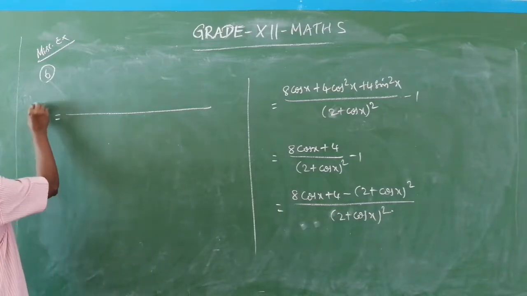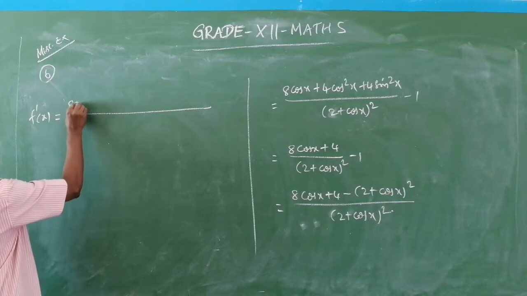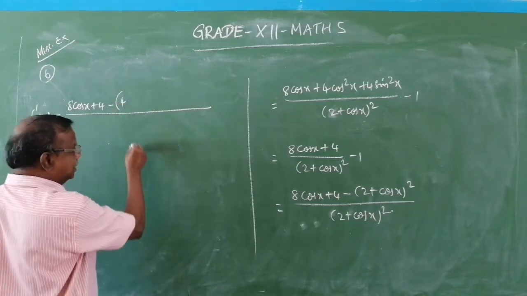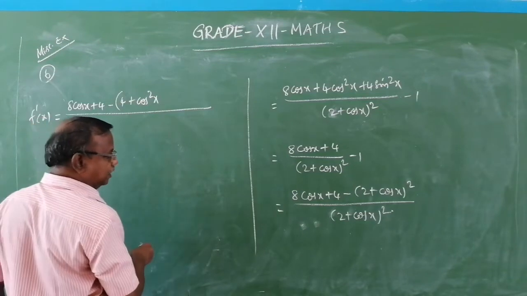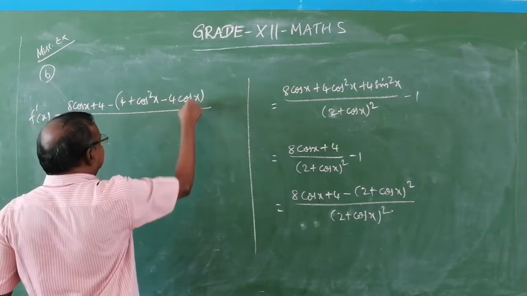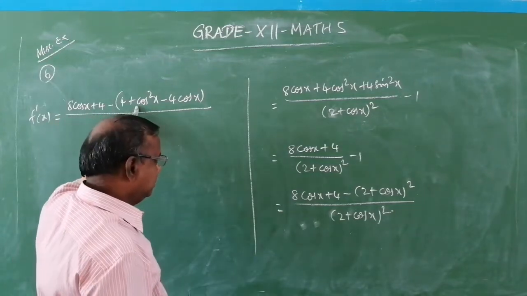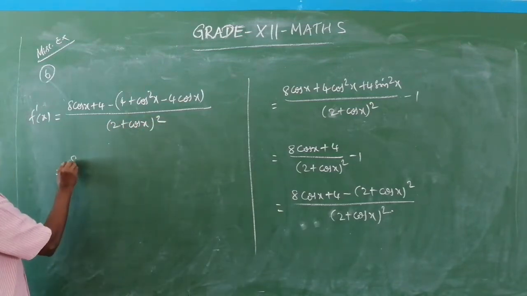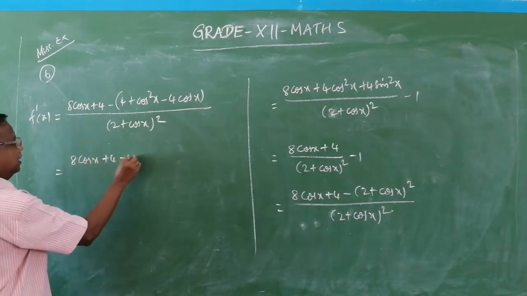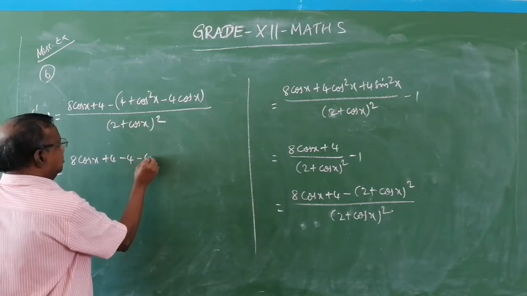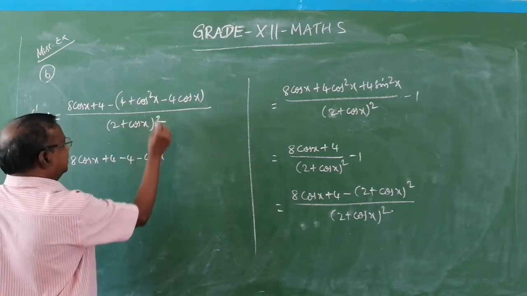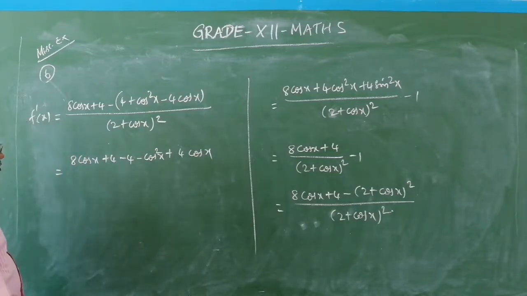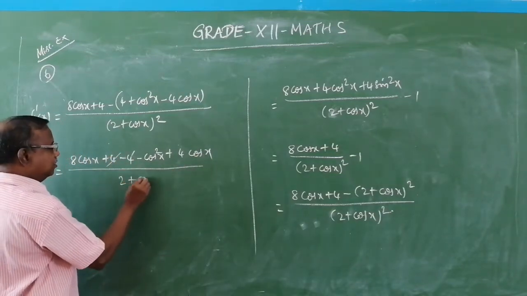Expanding this, with a square plus b square plus 2ab, that is equal to 8 cos x plus 4 minus 4 minus cos square x minus 4 cos x, divided by 2 plus cos x the whole square.